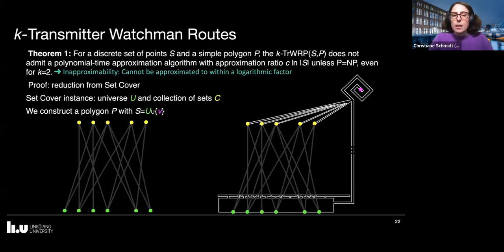are all the elements of our universe and one additional vertex V. And so if you look now at the points representing our collection of sets C, they are at the tip of spikes that are connected to the upper part of the polygon.